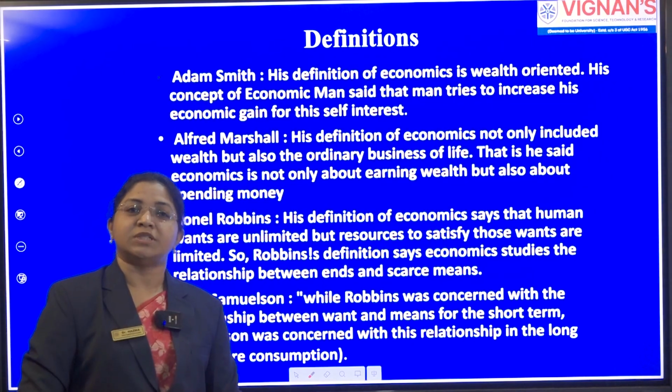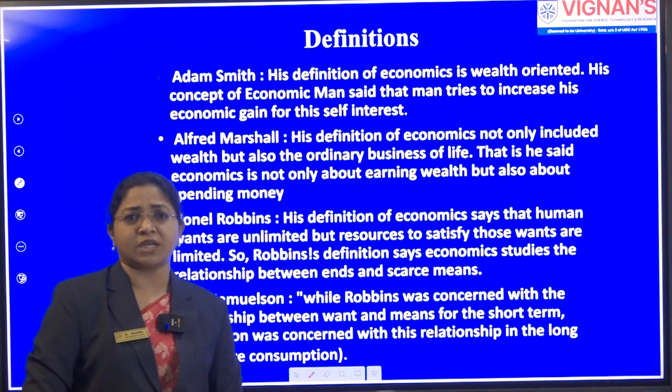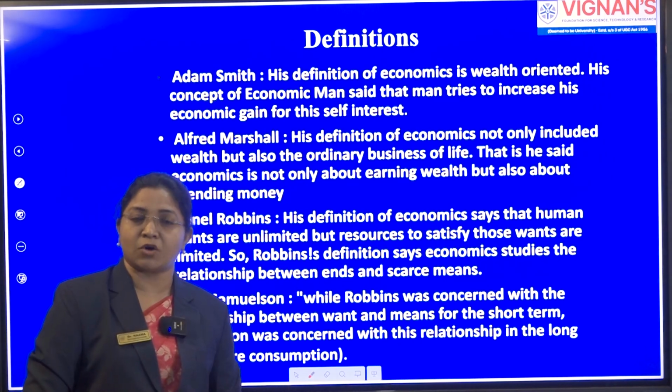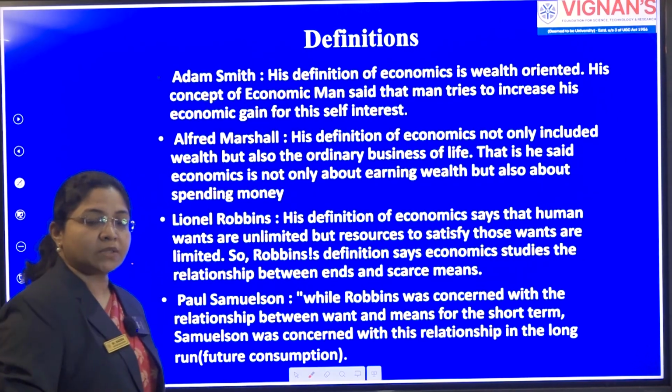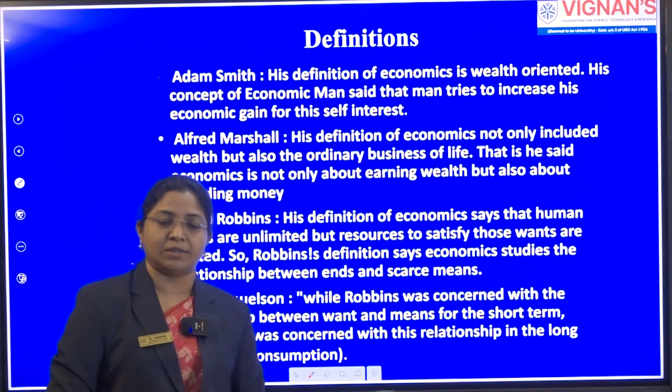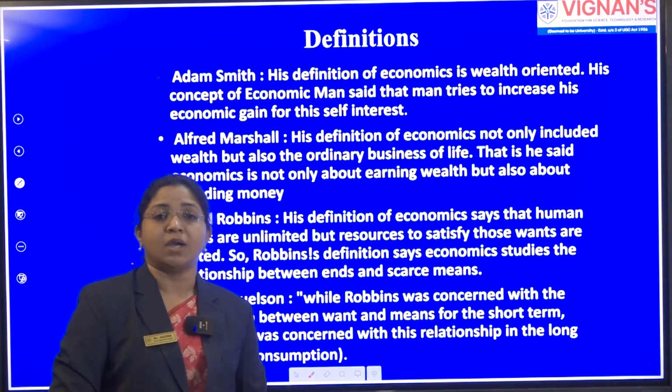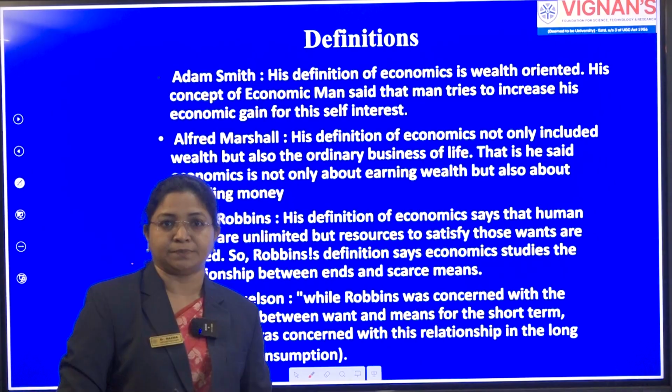Coming to the definitions of economics, there are different definitions given by classical economists and neoclassical economists. The first one is given by the father of economics, Adam Smith. Adam Smith gives a lot of importance to acquiring wealth. In his book, An Inquiry into the Nature and Causes of the Wealth of Nations, he talks about how to acquire wealth, and he talks about economics as a science of wealth.